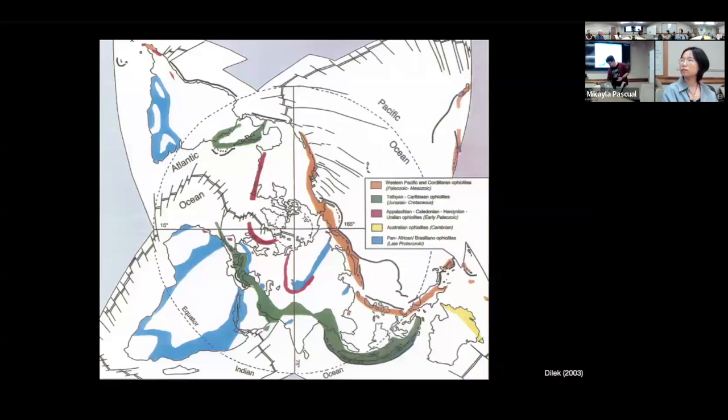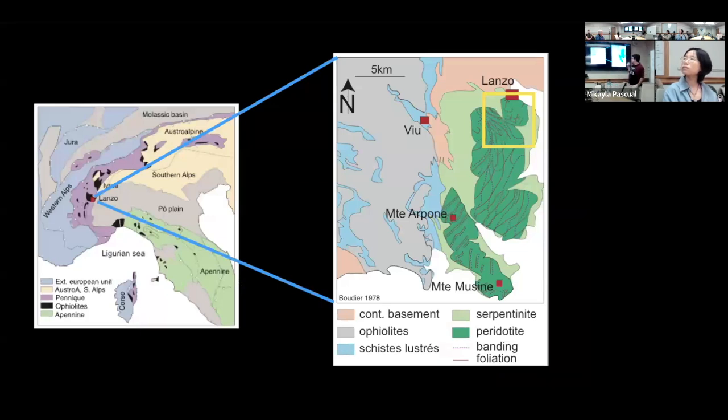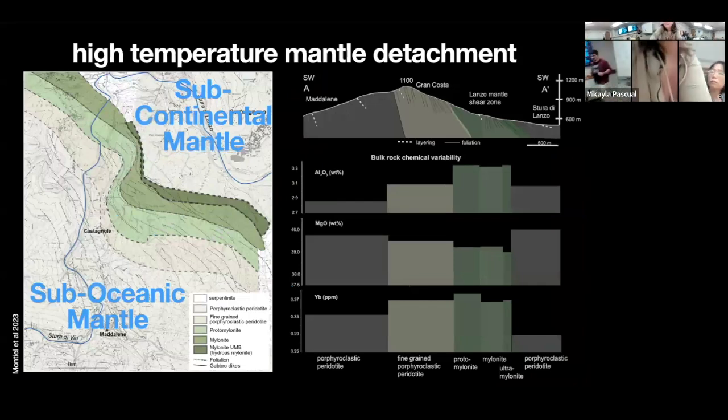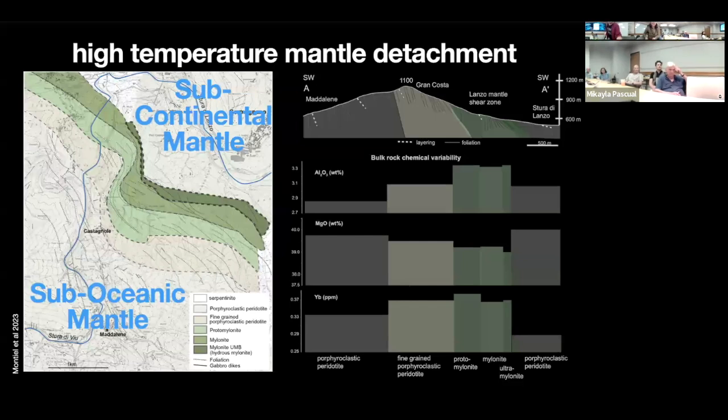So one thing that lots of separate student north body, southern body is suboceanic.